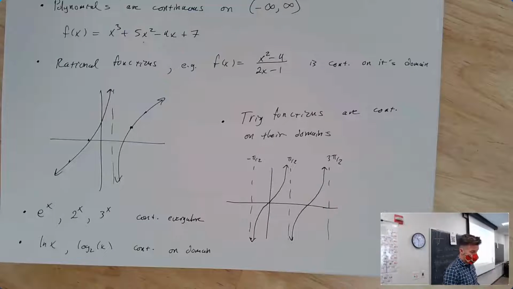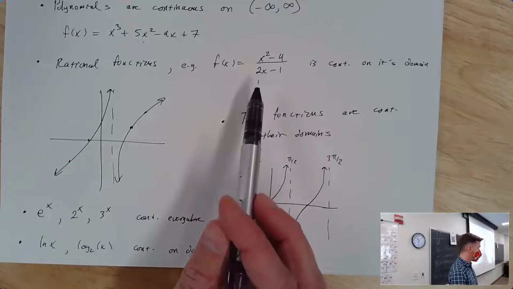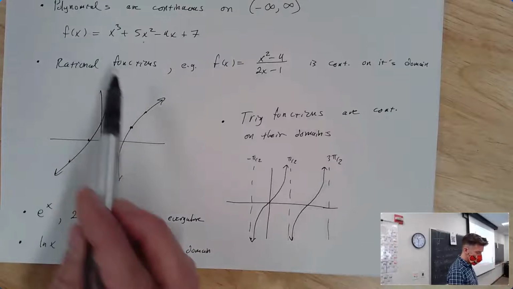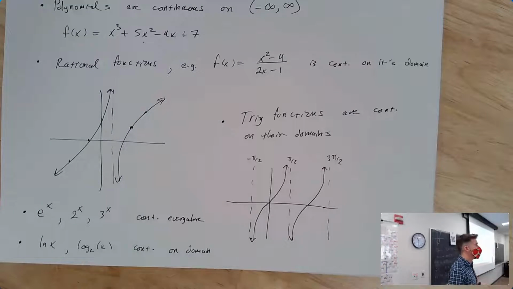Again, I just want to point out: sine, cosine, continuous everywhere. Tangent, cotangent, secant, cosecant, continuous where they're defined. Logarithms, continuous where they're defined. Rational functions, continuous where they're defined. And then these other ones, polynomials, exponentials, and sine and cosine are continuous everywhere, or you could also say they're continuous where they're defined, because they're defined everywhere.